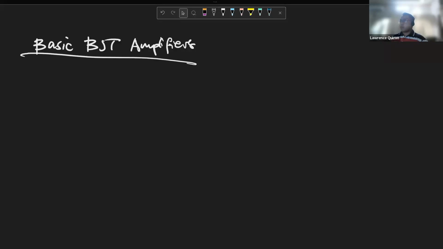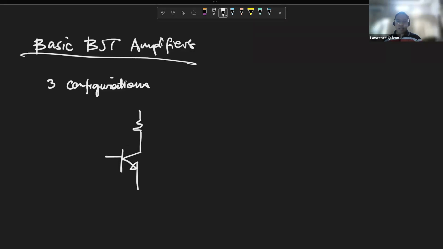Sige, so, BJT amplifiers. We have three configurations. We have this one right here that we've been talking about all along, where this is your V in and this is your V out.